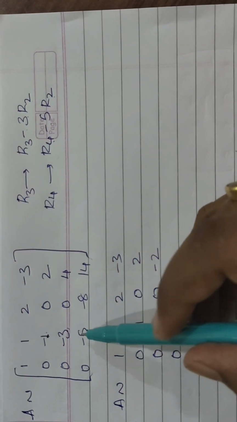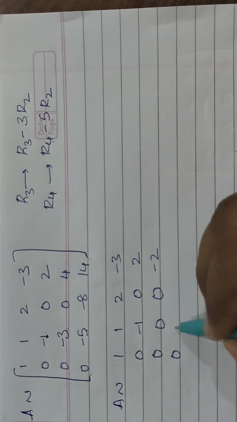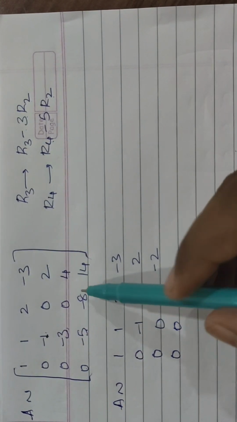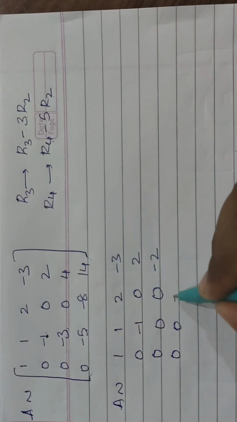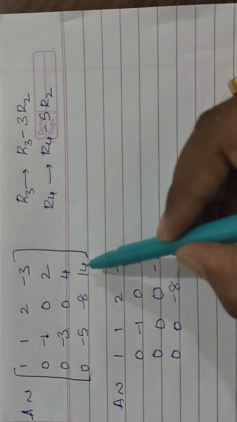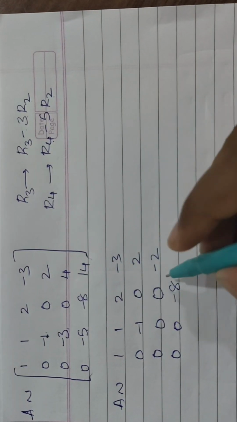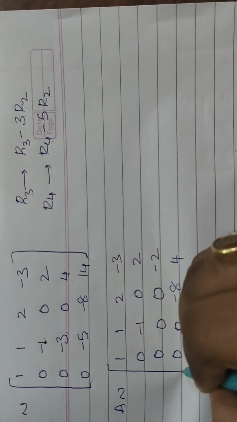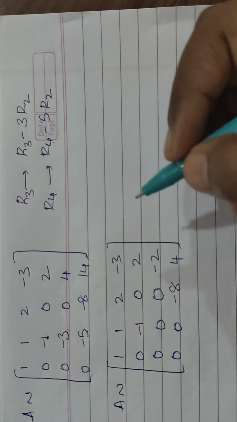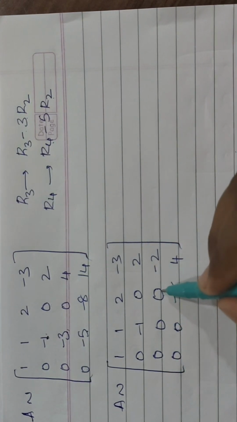Next minus 5. Minus 5 into minus 1, that is minus 5 plus 5 is 0. Next it is minus 8. Minus 5 into 0, so minus 8. Next 14 minus 5 into 2, that is 10. 14 minus 10, that is 4. So now let's move to third step. Third step means third row, third element.